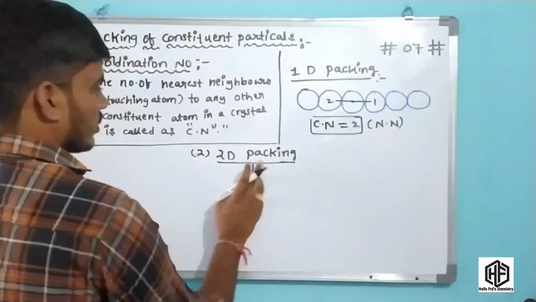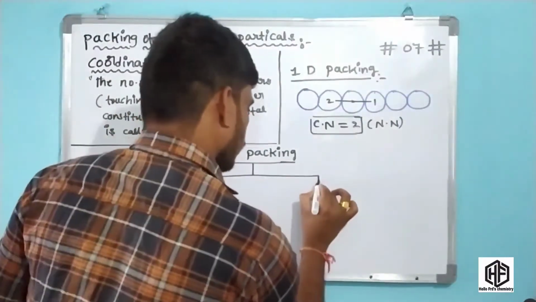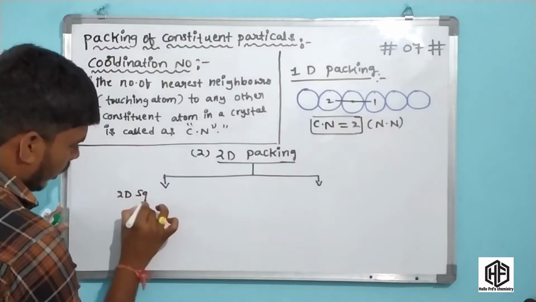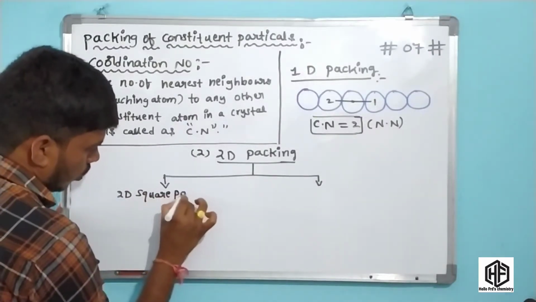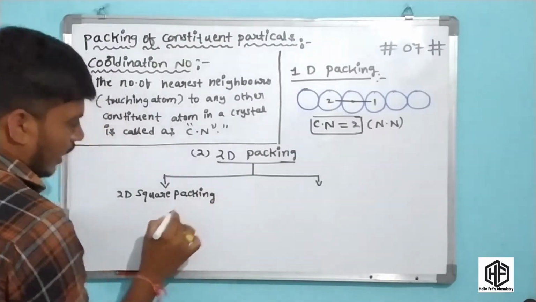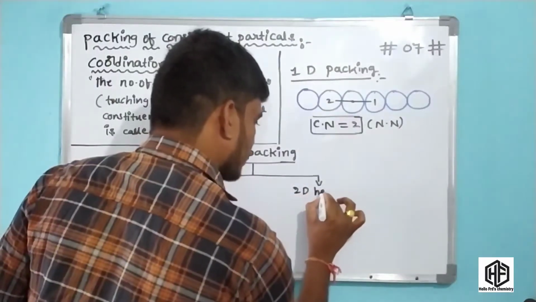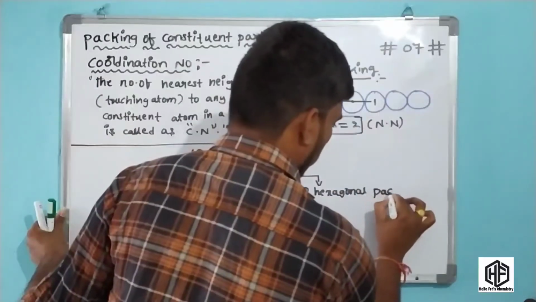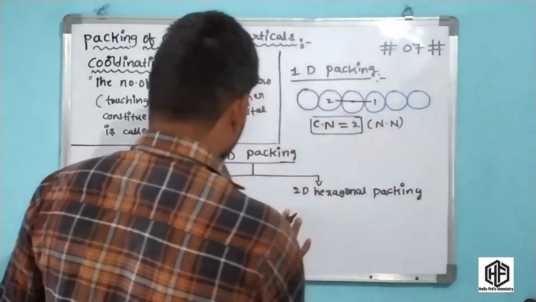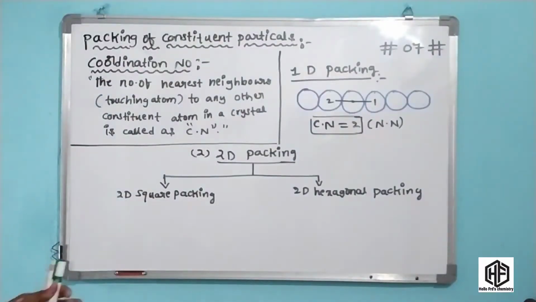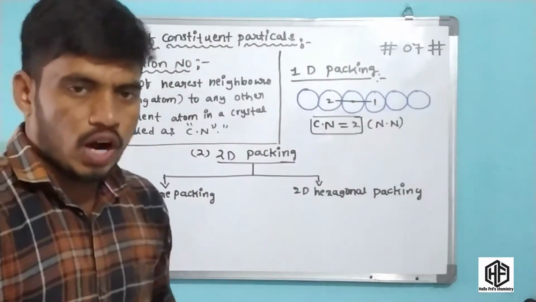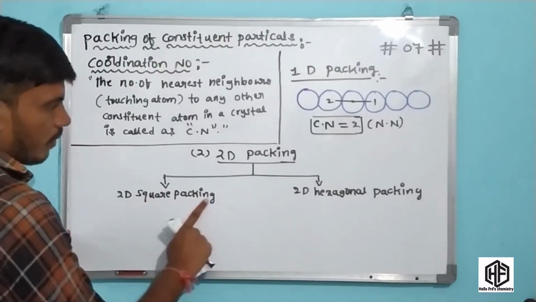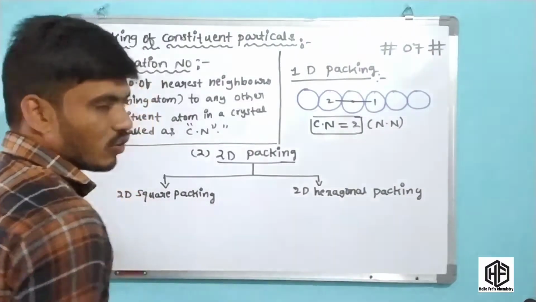The first one is two-dimensional square close packing, and the second one is two-dimensional hexagonal close packing. One is two-dimensional square packing, and the second is two-dimensional hexagonal packing.